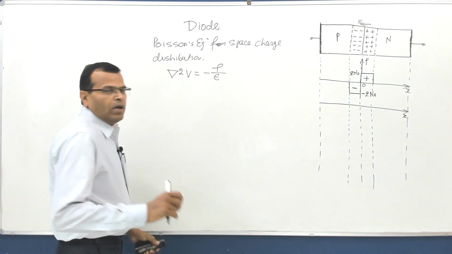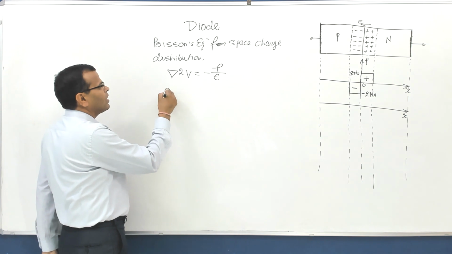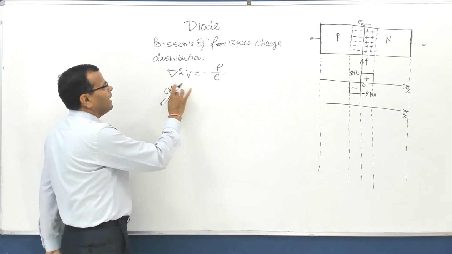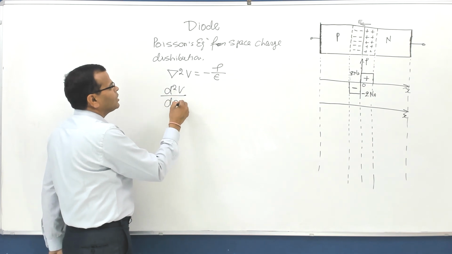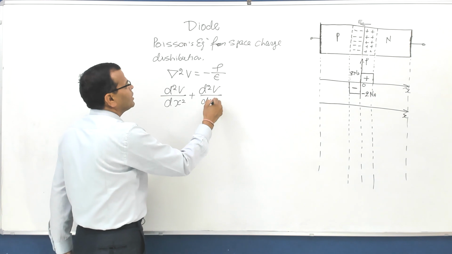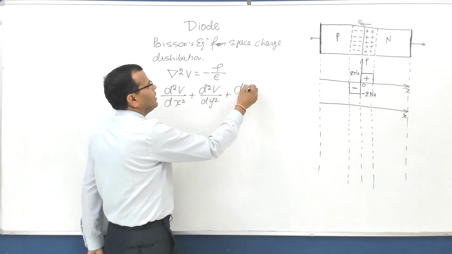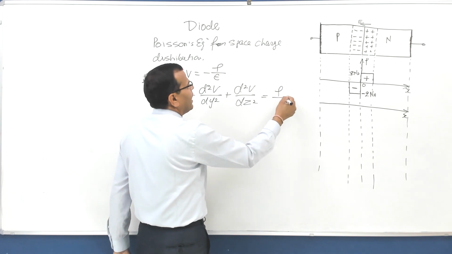Now if you remember the Cartesian coordinate system, del square V in Cartesian coordinates is given by d2V by dx square plus d2V by dy square plus d2V by dz square is equal to rho by epsilon.